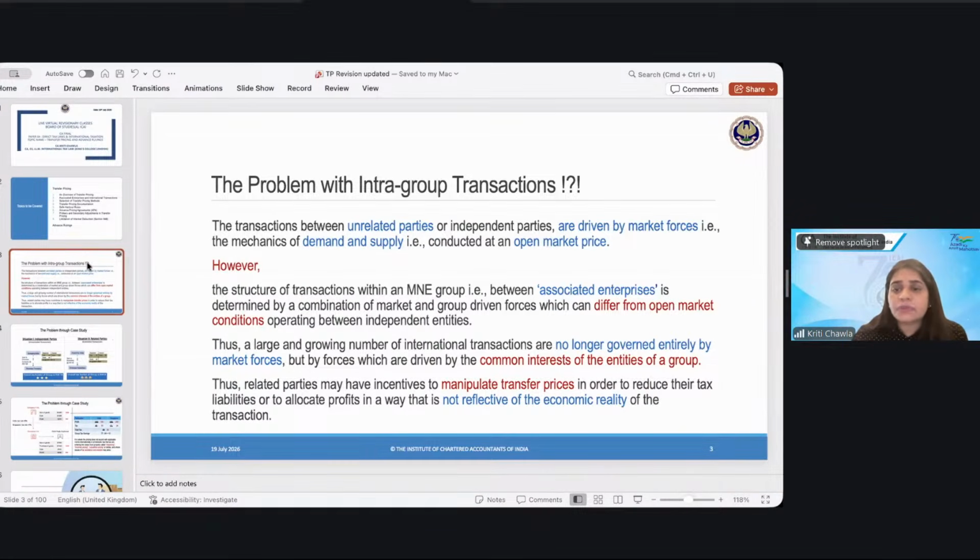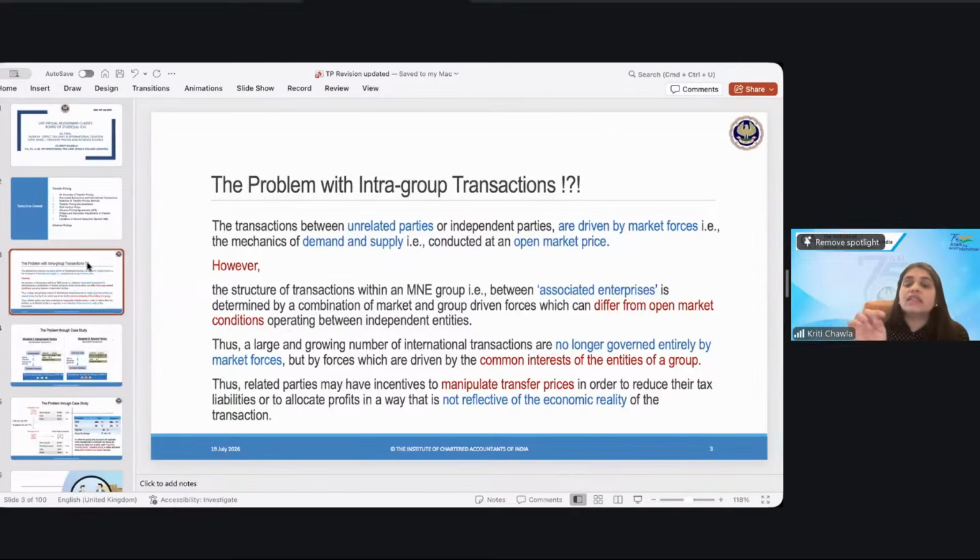They transact at a price which differs from open market conditions operating between independent parties. So the price for related party transactions is driven by group driven factors and market driven factors.